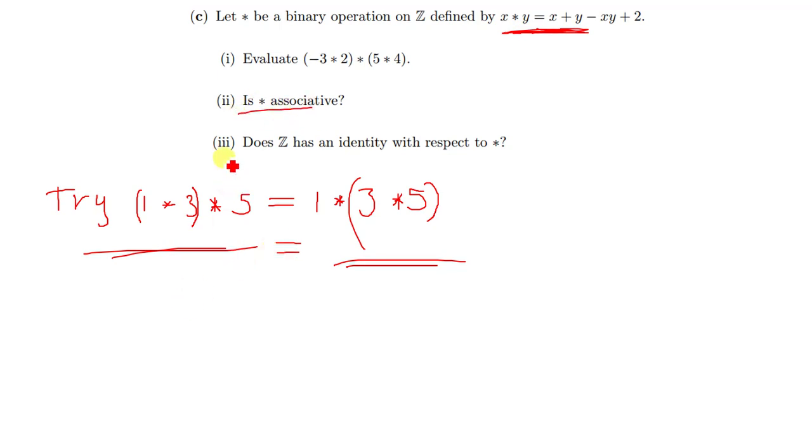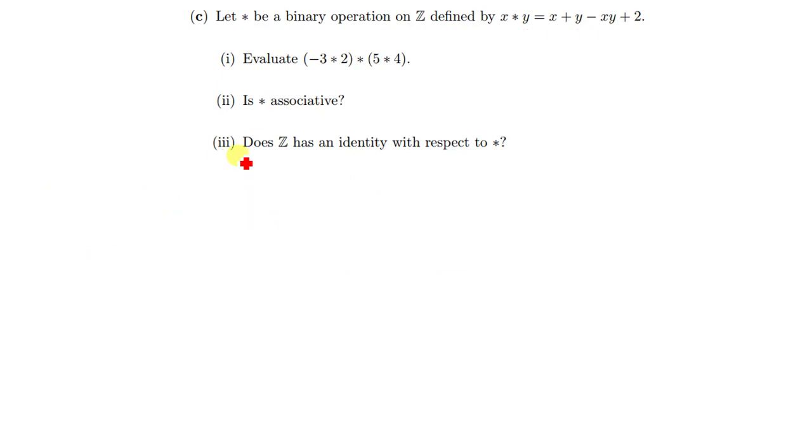We move on to 3. So 3 is saying that Z has an identity with respect to star.